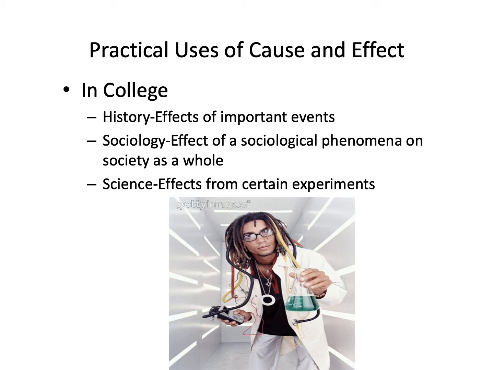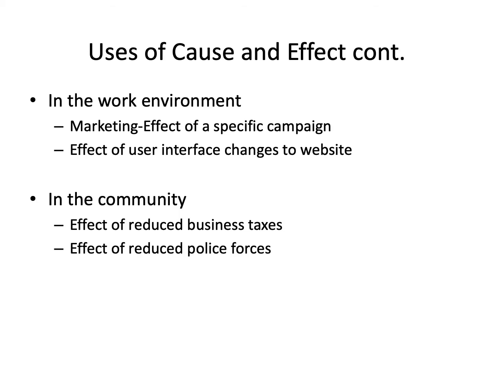How is that affecting societies as a whole? And like I said, all science is just effects from certain experiments. Even in cosmology, you're trying to find out what happens in the universe when a star implodes. How do black holes come into being? That type of thing.